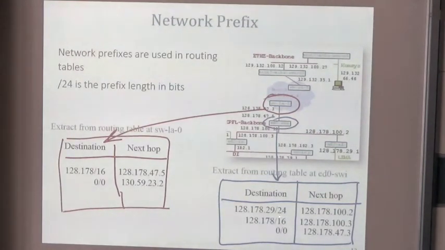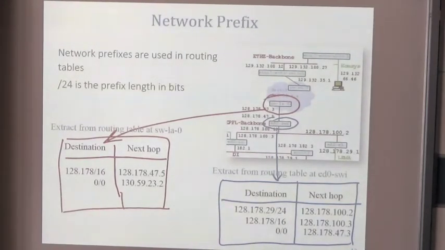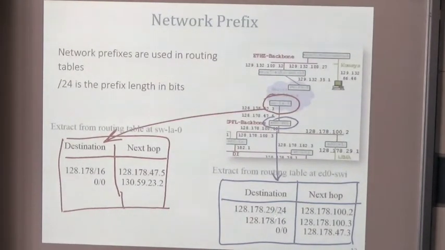And the /24 means 24 bits of this string are relevant, which in this case is exactly the whole string. 128.178/16 means the prefix that starts with those 16 bits. And then we have the 0.0.0.0/0.